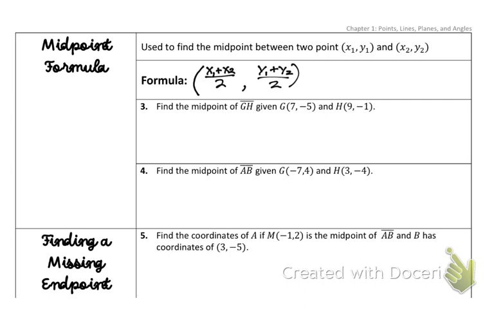So find the midpoint of GH. Our midpoint is going to equal the average of our x values, so that's 7 and 9. So we'll have 7 plus 9 divided by 2, comma, add our y values, that's negative 5 plus a negative 1 divided by 2.